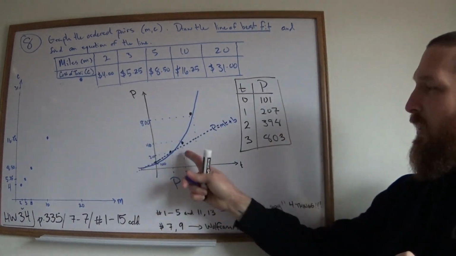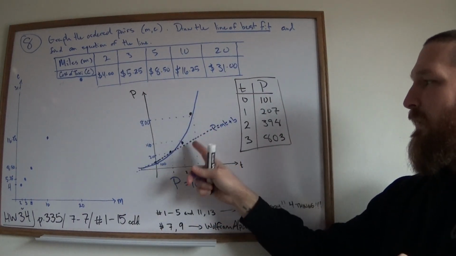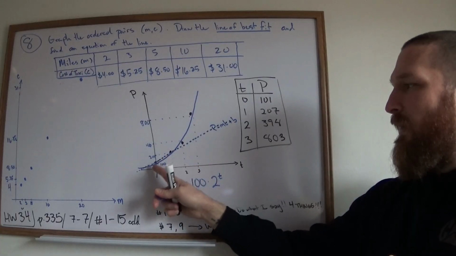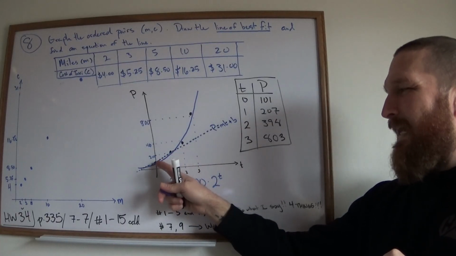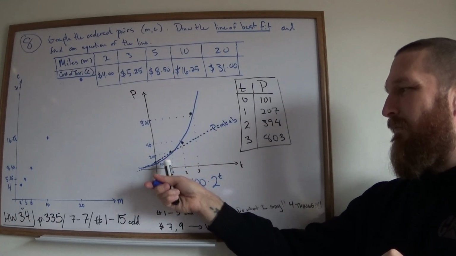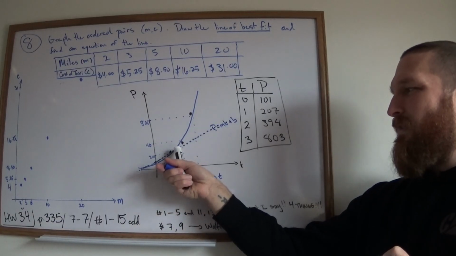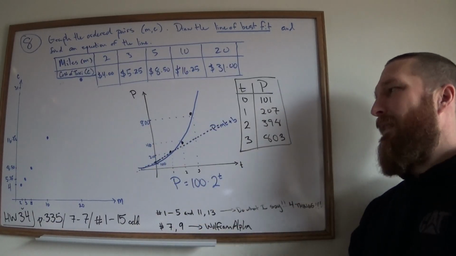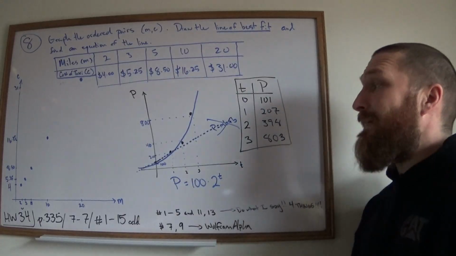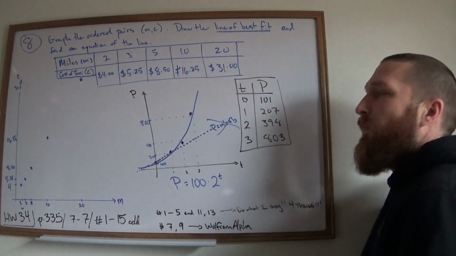Well, you can see that's a really bad fit over here. It might do good on those 2 points, and it might do okay in this region, but as you go further away, it's really bad. That's because population growth is not linear.